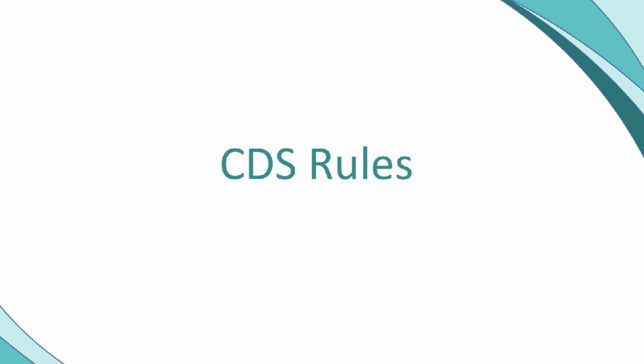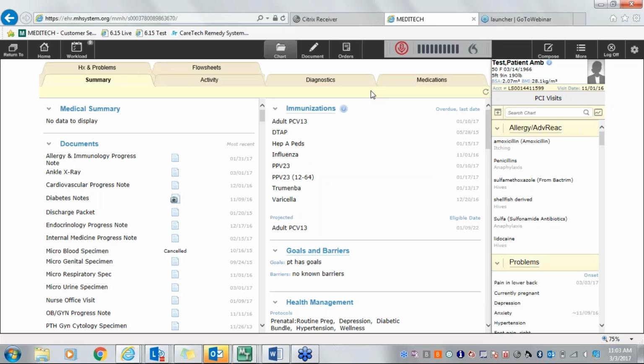Does the Meditech EHR provide functionality commonly referred to as a CDS rule, such as a pop-up reminder for a missing vital, or that a patient's overdue for an A1C, or for any other number of missing data items? Within the ambulatory, there's really no pop-ups that's going to display if you didn't document your vitals, or if there's overdue testing or queries that need to be answered for specific protocols.